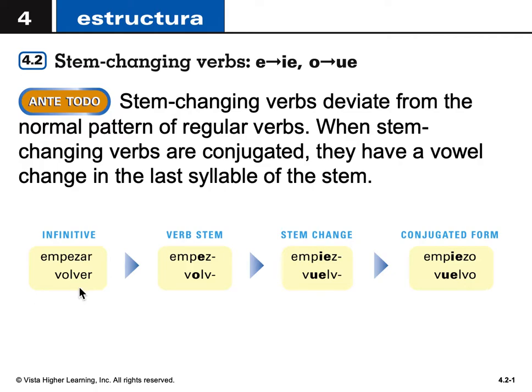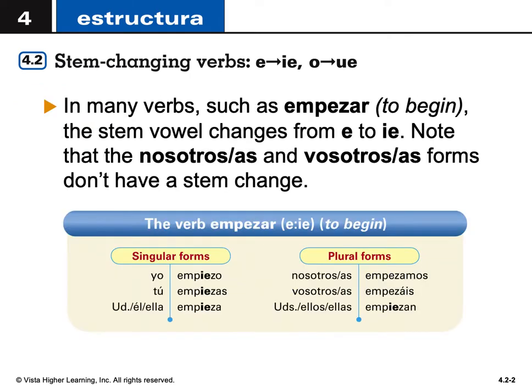So we're kicking it up a notch with verbs in Lección 4. In many verbs, such as empezar, the stem vowel changes from E to IE. Note that the nosotros and vosotros forms do not have a stem change. So if we look at the verb empezar, the E is going to change to an IE.